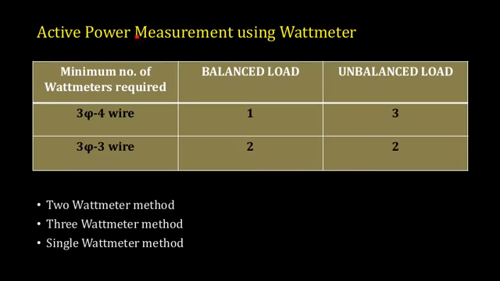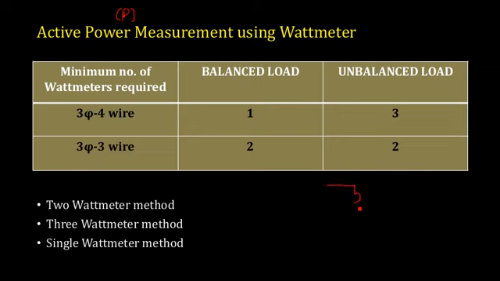Now, while we are measuring active power P using wattmeters, we have two cases of load which we generally have. The one is the ideal case where you have a balanced load, and the practical case where you have unbalanced load. So if you are going to measure a balanced load with a three-phase 4-wire, how do you indicate a three-phase 4-wire?